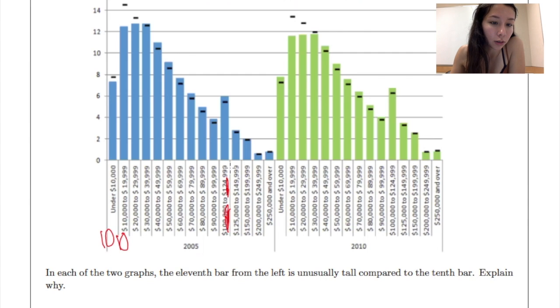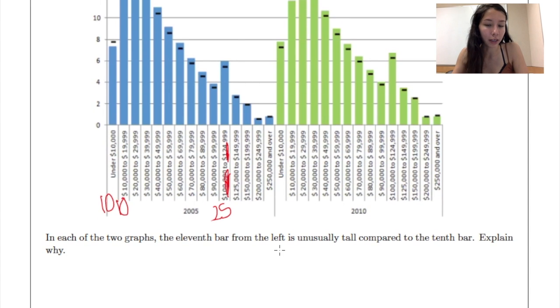So that's almost 25,000. So that's obviously going to cause some issues, and that's why we see this really big difference in the heights of the bars. So we just have different bin sizes for the last 1, 2, 3, 4, 5 bins.